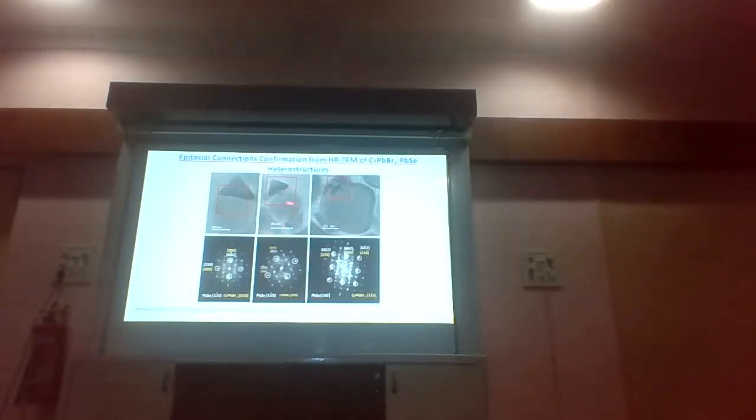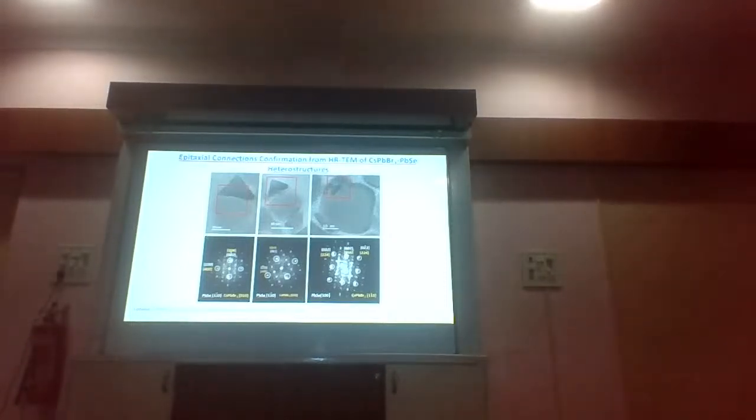This is another heterostructure where two PbSe crystals are connected to the same CsPbBr3 nanocrystal, and these are the HRTEM analyses where a 26 faceted CsPbBr3 is connected with PbSe nanocrystals. In all three cases, the epitaxial orientation is the same.